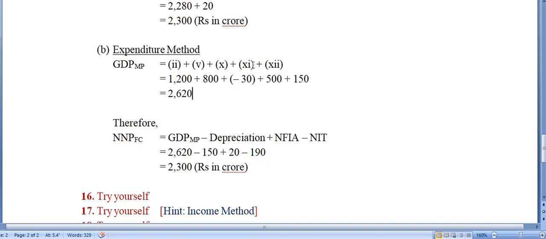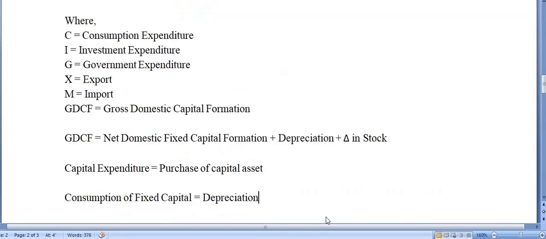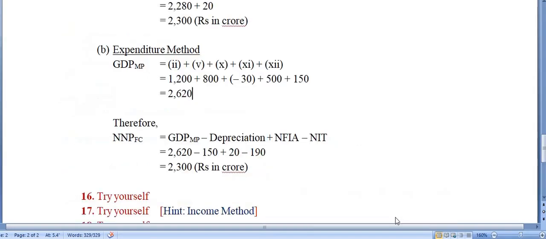No, depreciation should not be included again if the value of gross domestic capital formation is given, because in GDCF depreciation is already included. So be careful whether there will be the error of double counting or not.